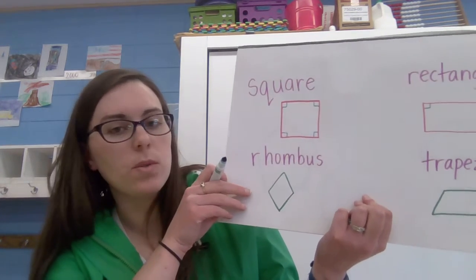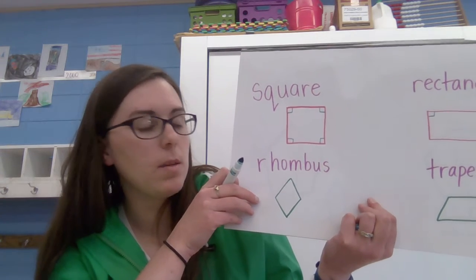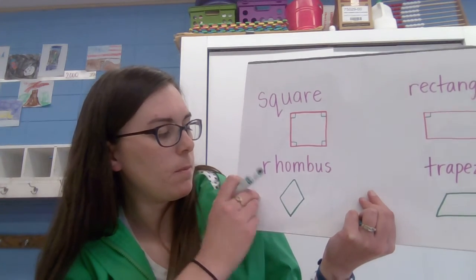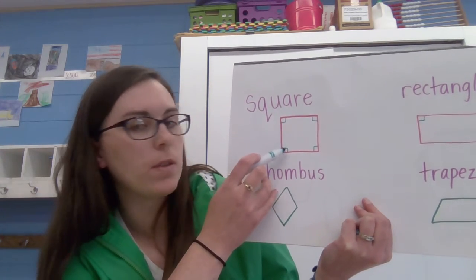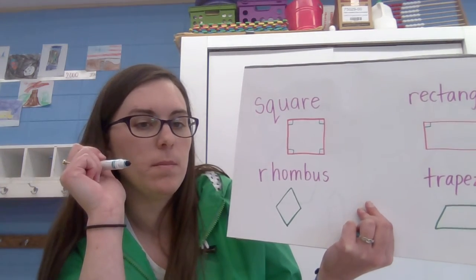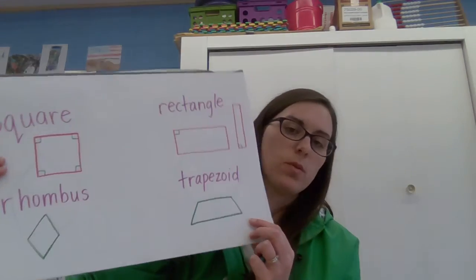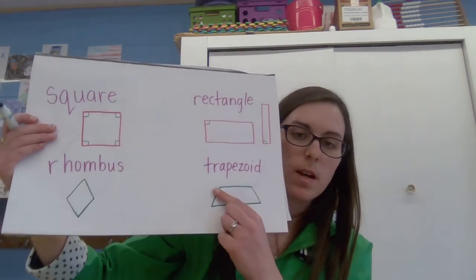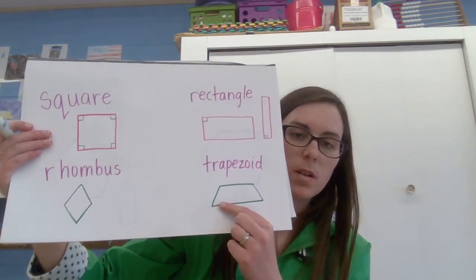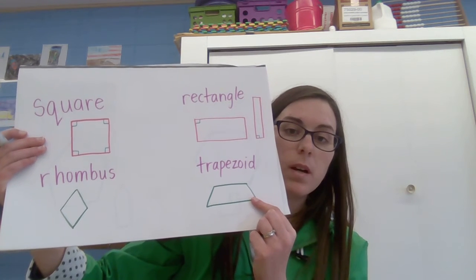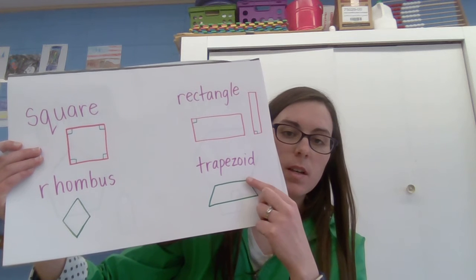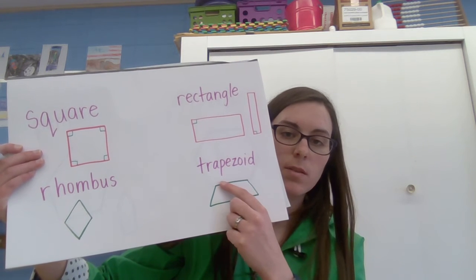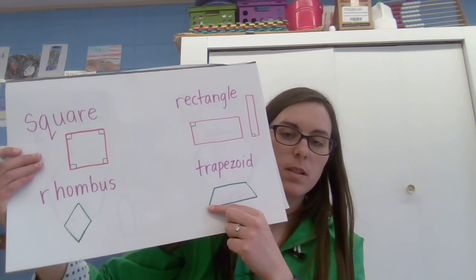A rhombus, which some kids call a diamond, the sides are the same length, but they don't come to a perfect right angle in the corner. And then trapezoid, that's a fun one. The top and the bottom are supposed to be parallel, meaning they're running the same direction, and then the sides are not running the same direction as each other.